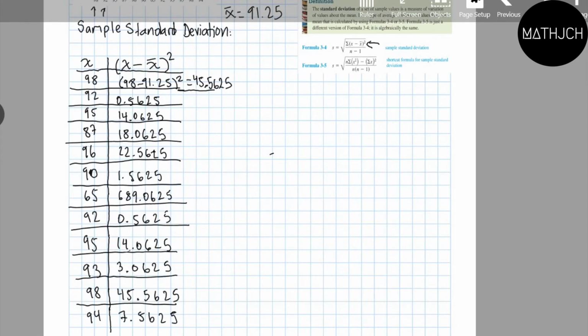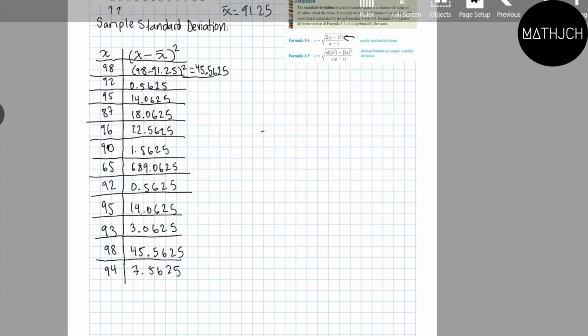Once we get that, please make sure that your calculations are correct, because one wrong number will mess everything up. Before using the formula, let's find the sum of all of these numbers, because that's what we need.